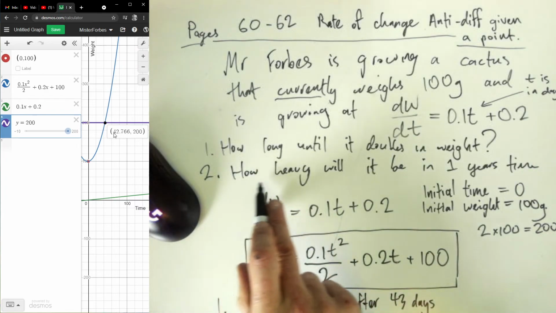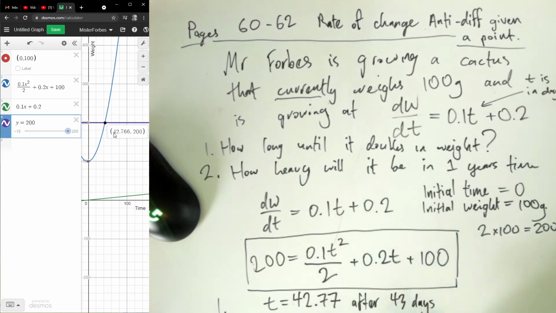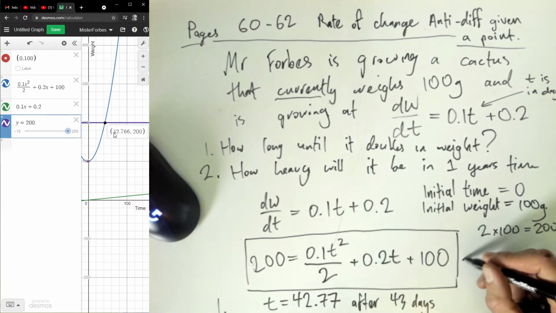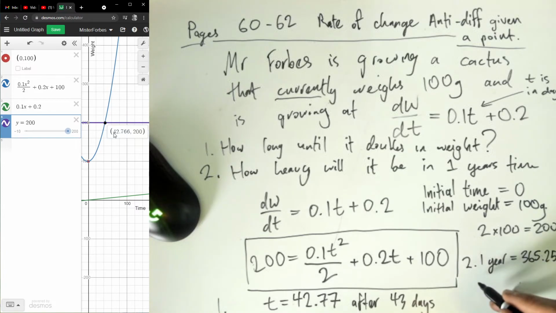Now, next question, how heavy will it be in 1 year's time? Well, we all know in mathematics that 1 year is equal to 365.25 days, because we've got to account for leap years. So we're going to have to substitute t equals 365.25.